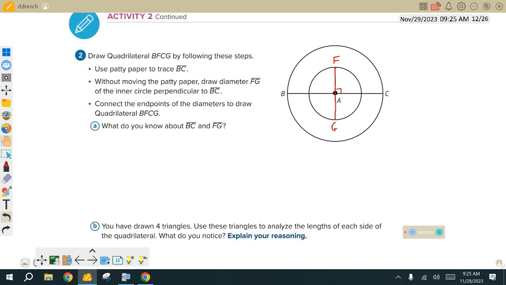Because it's perpendicular, it's throwing that right angle, and we're going to build our next quadrilateral right here. Let's connect all those vertices: B to F, F to C, C to G, and G to B. All right, BCFG.